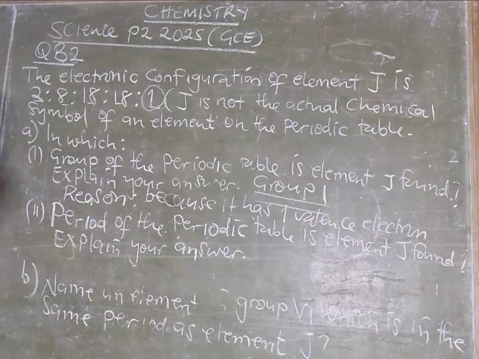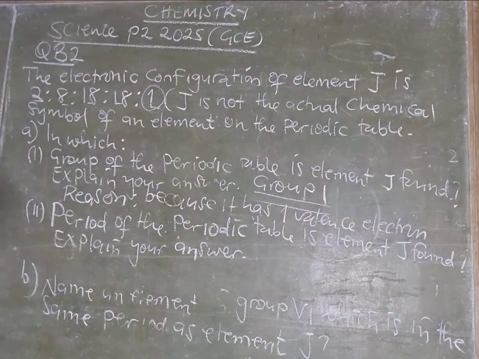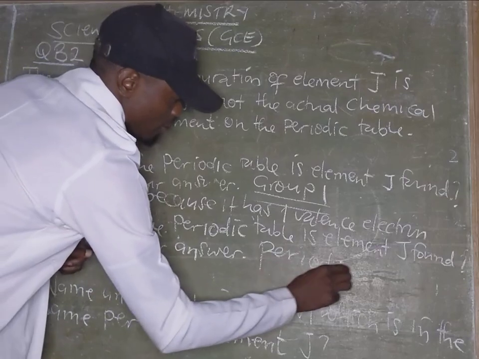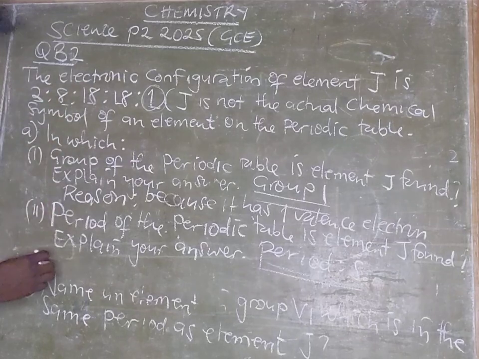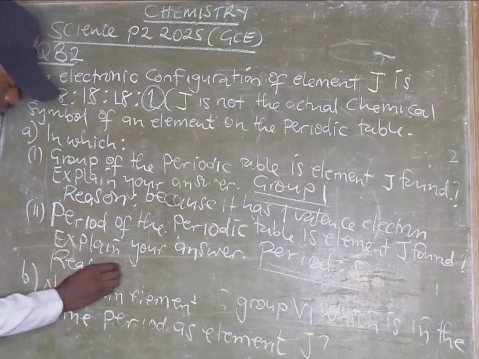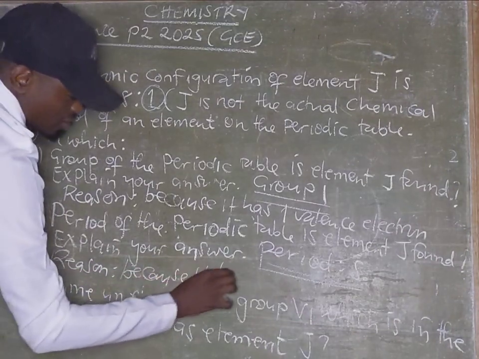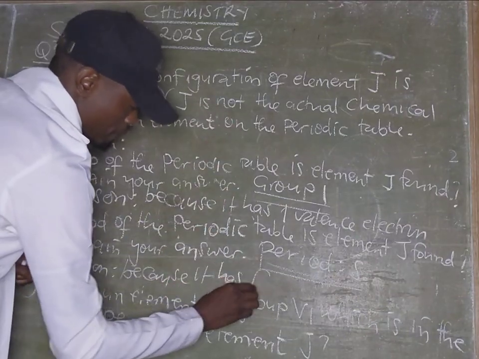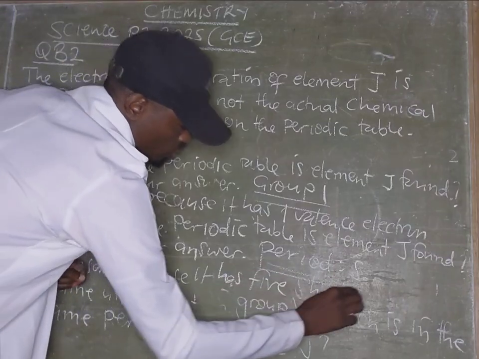So what does it mean? It simply means it belongs to period 5. Reason: because it has 5 shells.